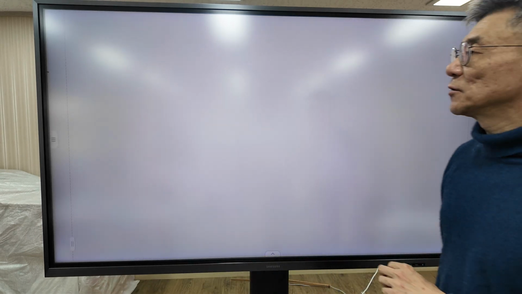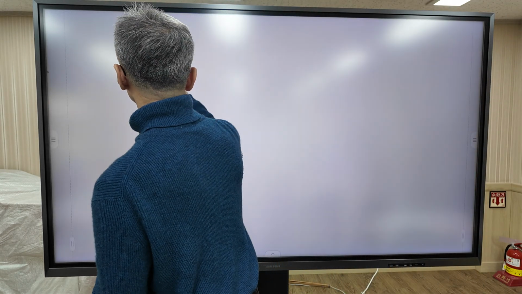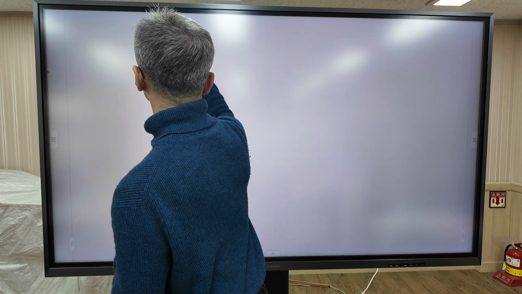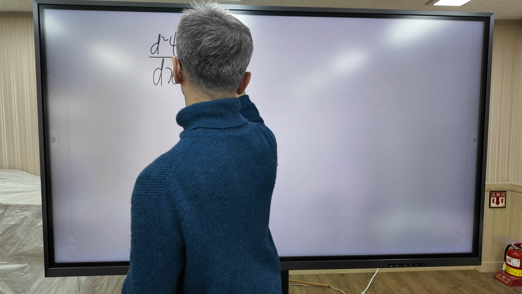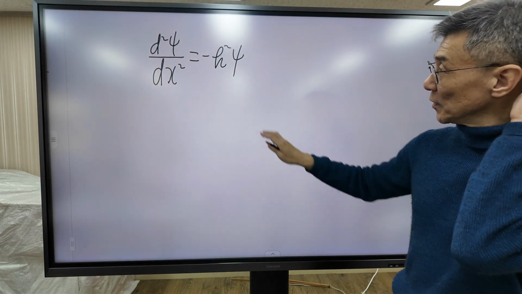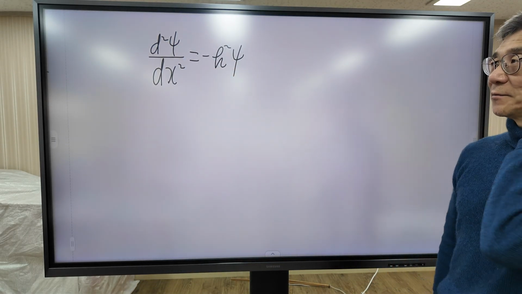When we solve the one-dimensional particle in a box, we solve this Schrödinger equation.